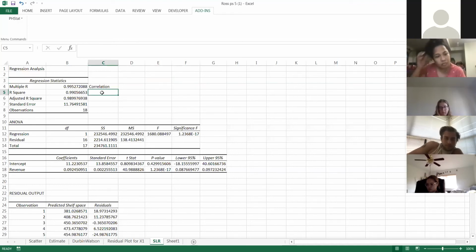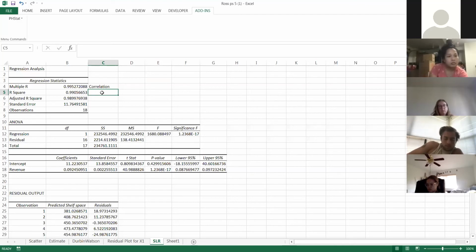This R squared tells us how much of our revenue can be determined by the increase in shelf space. How much does the increase in shelf space increase our revenue? 99%. That's what it's telling us. Every time we increase our shelf space, 99% of that increase will increase our revenue. 1% doesn't, for whatever reason, right?